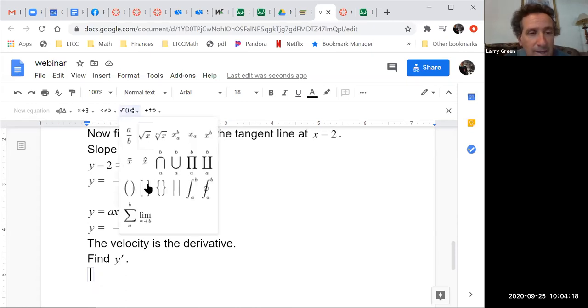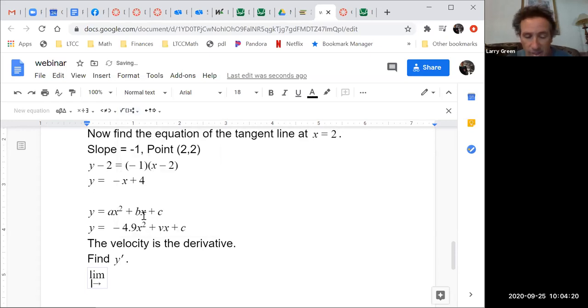We're going to take a limit as h approaches 0 of, and I'm just going to do the negative 4.9 x squared. But I could just do the x squared if I want, and I'll show you why. So I'm just going to do the x squared.